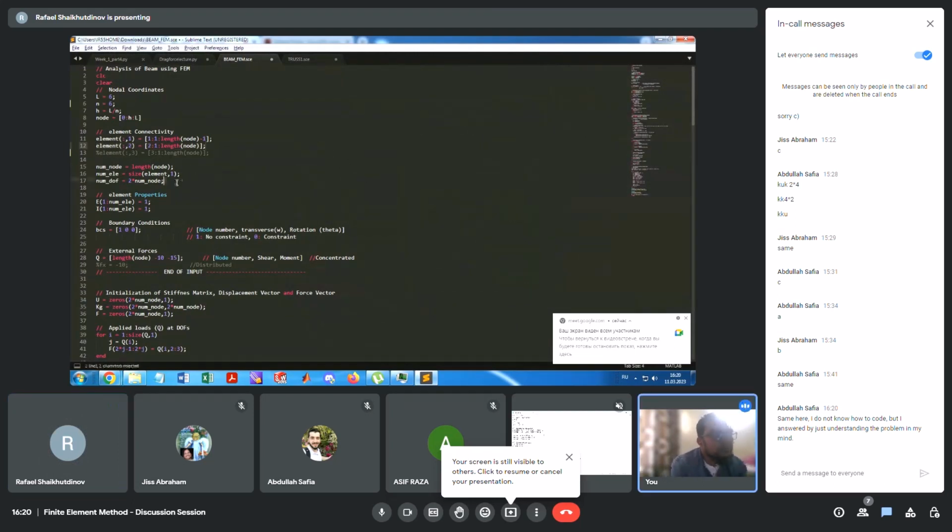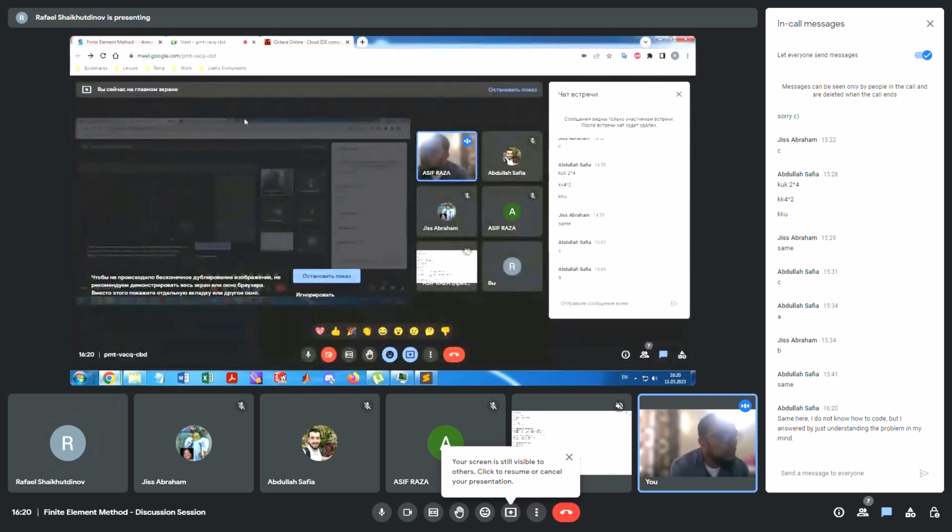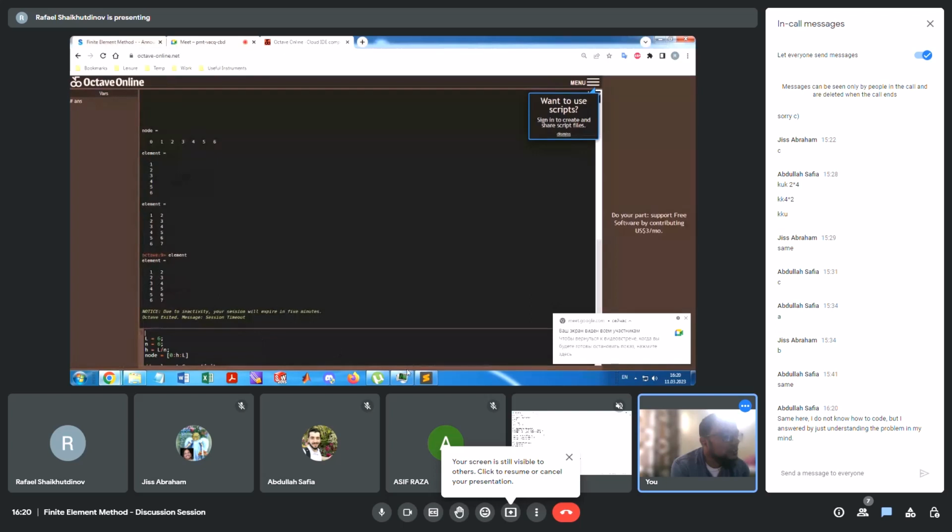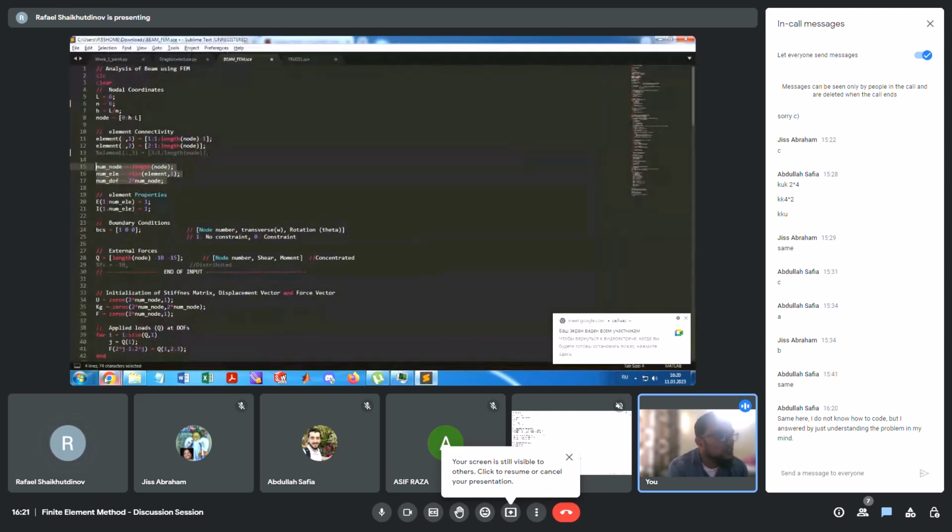Line number 15 says number of nodes: num node is the length of node, that is the total number of nodes in our problem, which is 7.